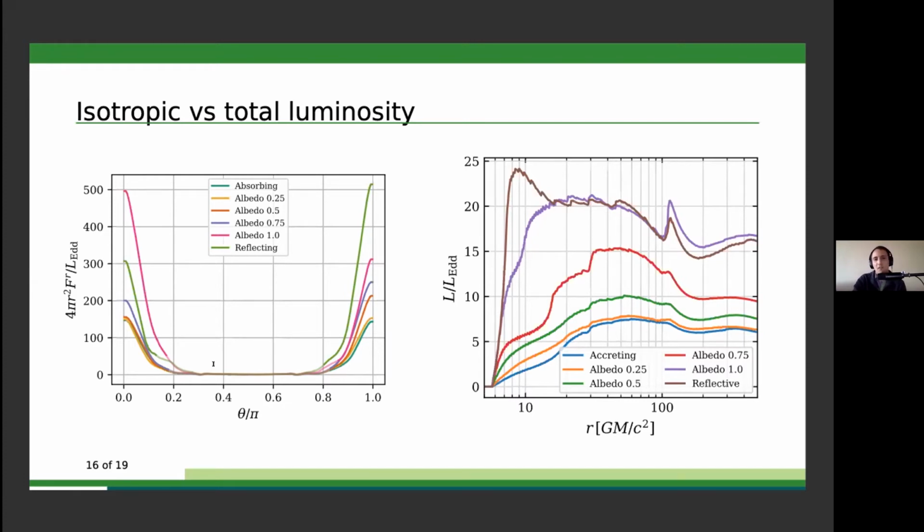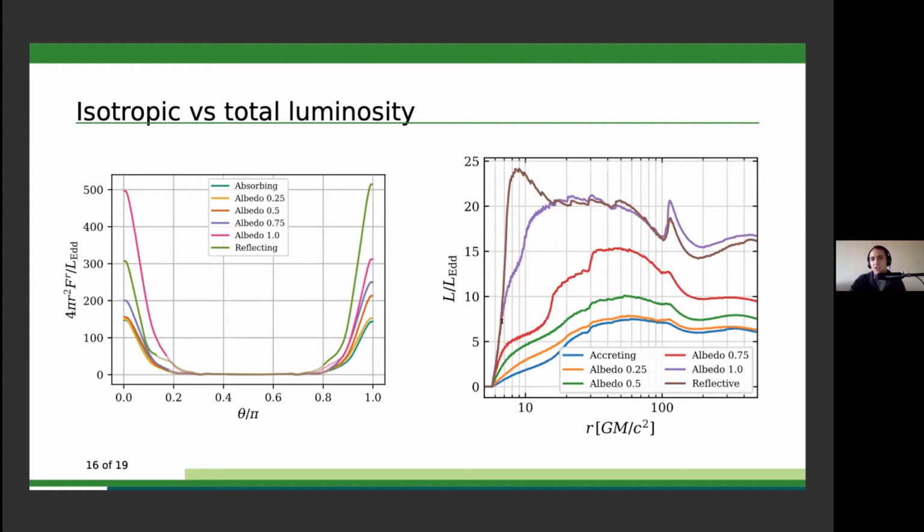We can see that for the lowest albedo runs, or for the absorbing run, we have something like 150 L Eddington. And if we go up to the highly reflective high albedo runs, it can get all the way up to 500. So extremely strong. Now we compare that to the total luminosity. What I'm doing is measuring the total outflowing radiation through optically thin regions of space.